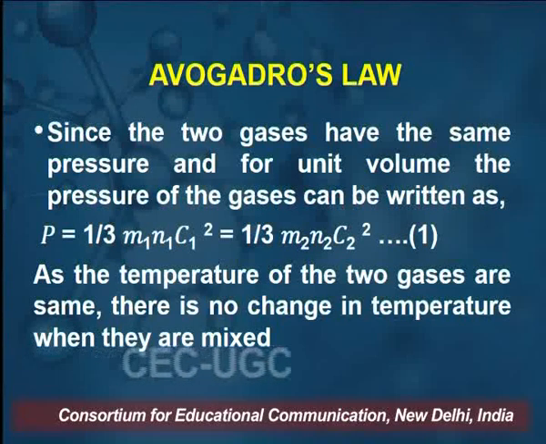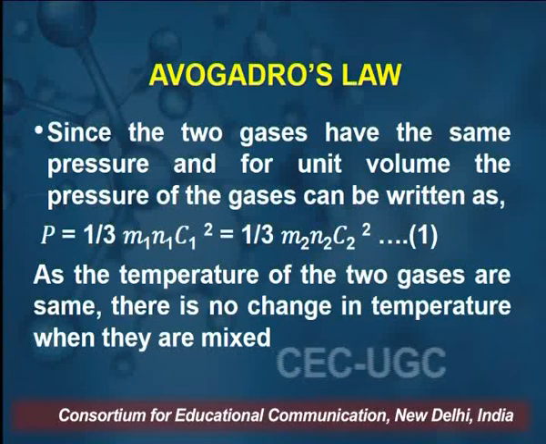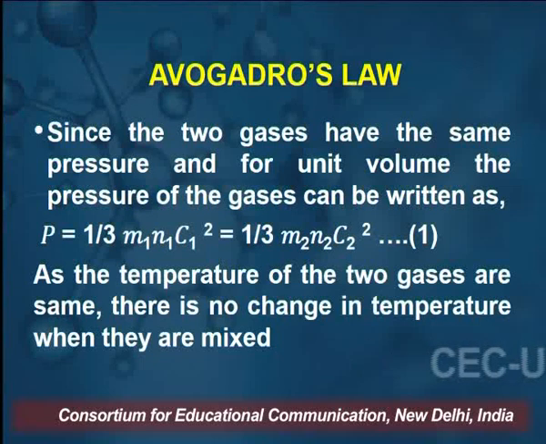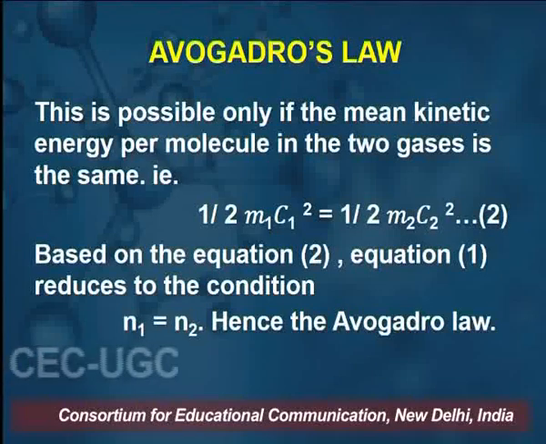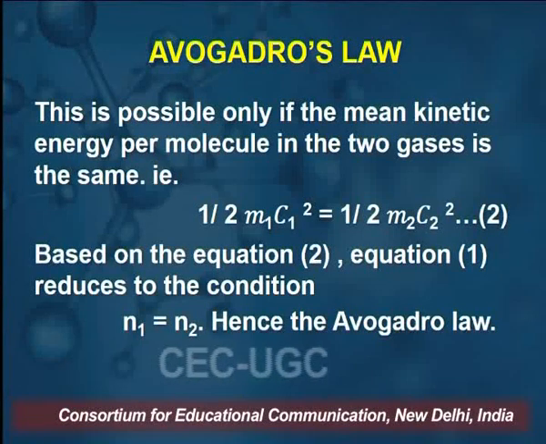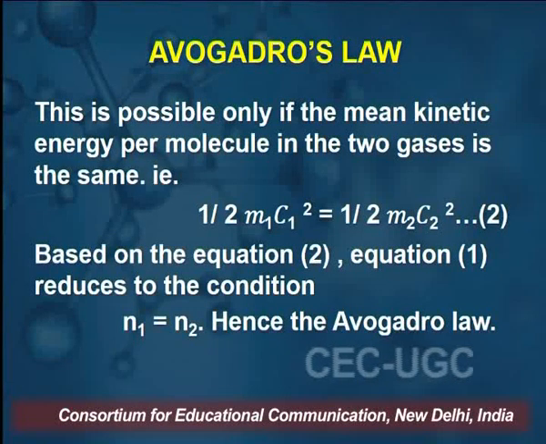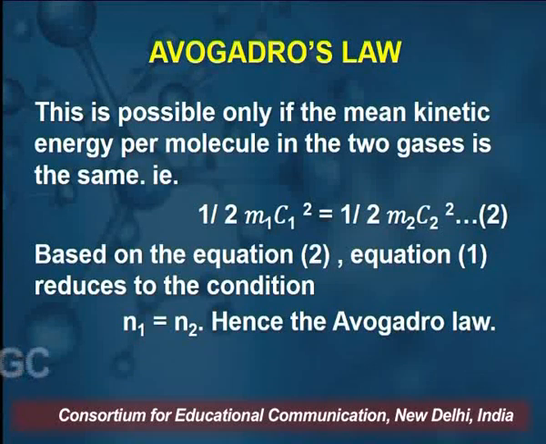As the temperature of the two gases is the same, there is no change in temperature when they are mixed. This is possible only if the mean kinetic energy per molecule in the two gases is the same. That is, 1/2 M1 C1 square = 1/2 M2 C2 square.